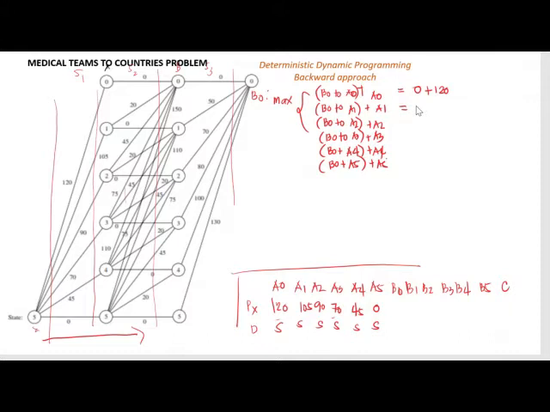Next, B0 to A1 is 20, B0 to A2 is 45, B0 to A3 is 75, next connection is 110, and then 150. I'm placing it all at once so that I won't be confused.